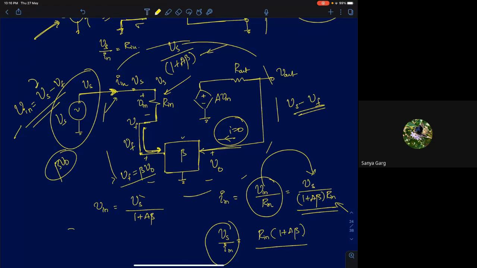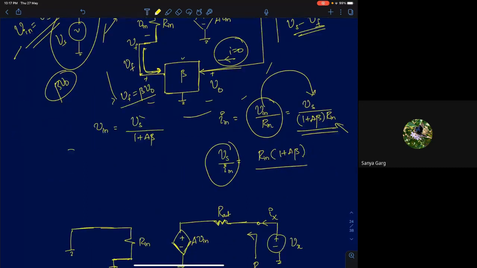So what can you say about its impedance? It has increased, right? You have applied the same voltage, but the current is decreased significantly, so the resistance has increased. So it makes intuitive sense. Applying negative feedback for voltage amplifiers does increase the input impedance.